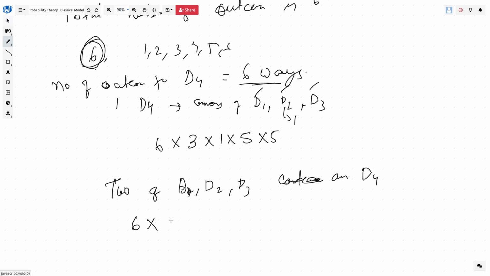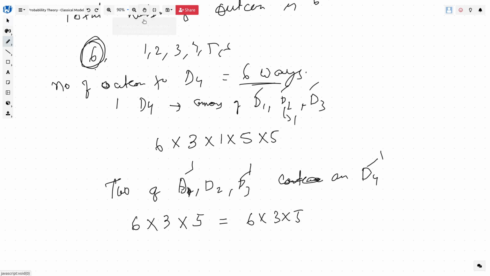Selecting 2 out of these, we get 3C2, which is again 3, right? And then only 1 is left because 2 of them have the same number. So let's say 1, 1. Again, if D1 has a 1, we are left with 5 options for D2, right? Because it can't be 1. So that is nothing but 6 into 3 into 5, right?